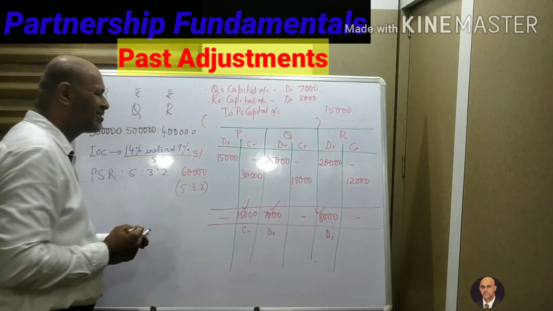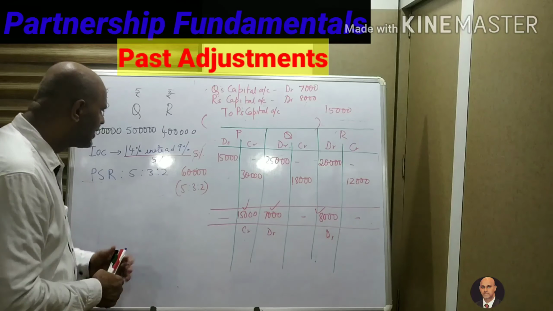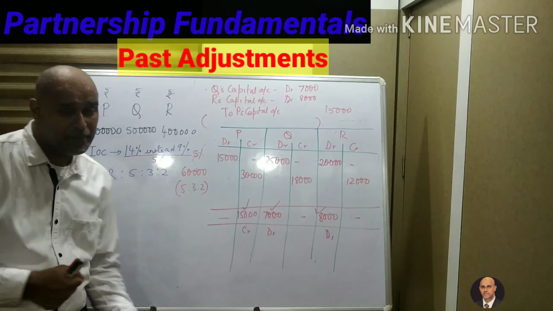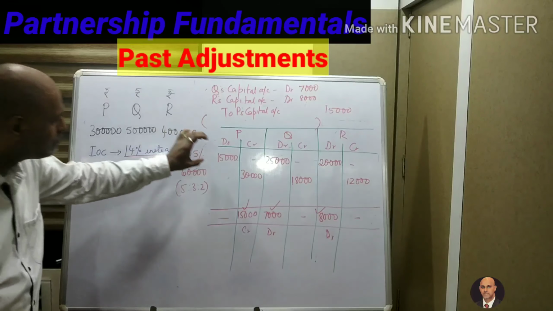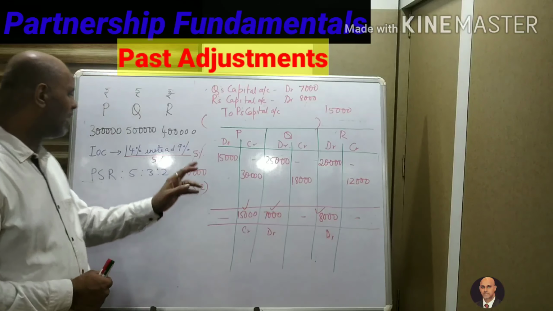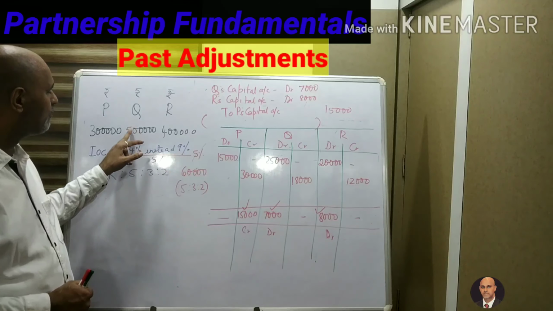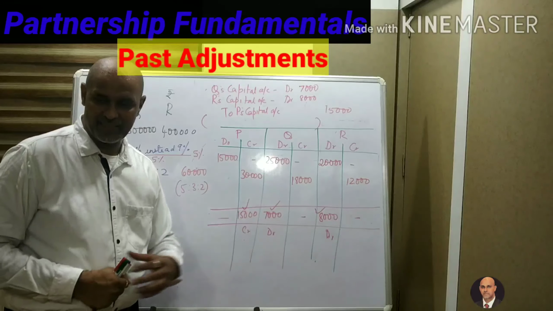So I just repeat the steps again in this sum. The first thing I did was that I have given 5% more to the partners. So that 5% I take it back from them. If I take it back from them, it comes on the debit side. So 5% of 3 lakhs is 15,000, 5% of 5 lakhs is 25,000, and 5% of 4 lakhs is 20,000.